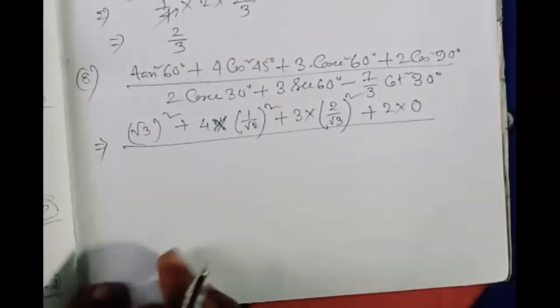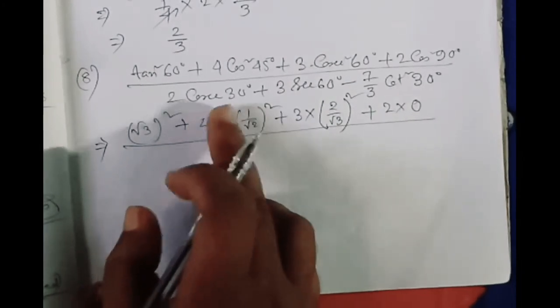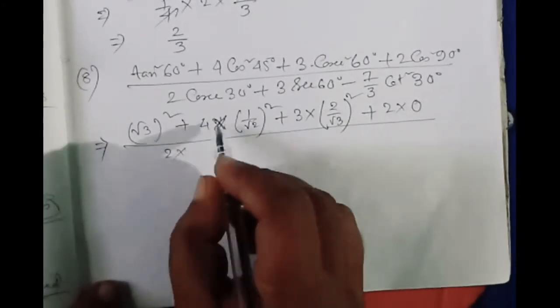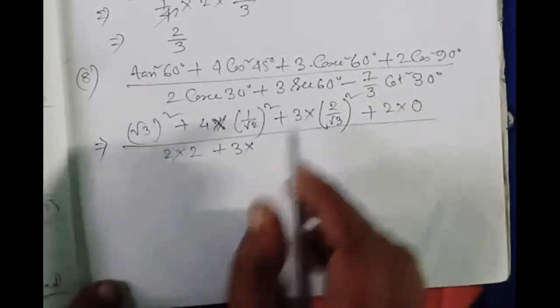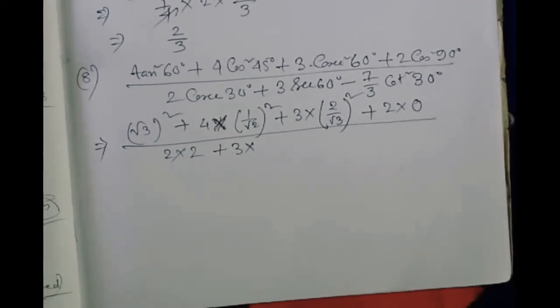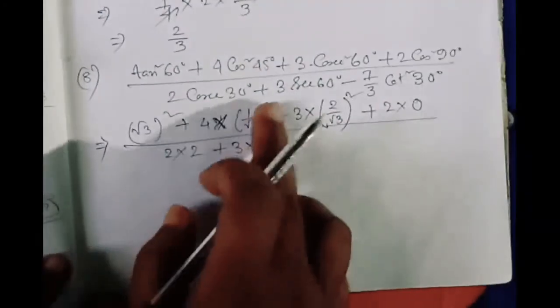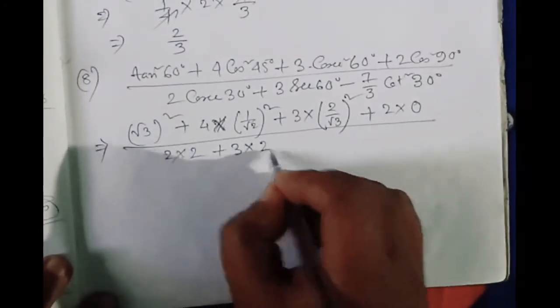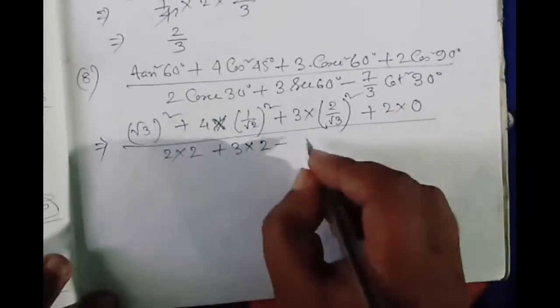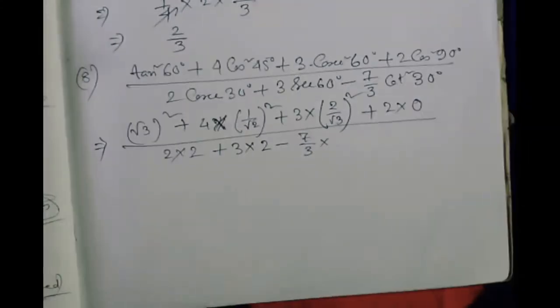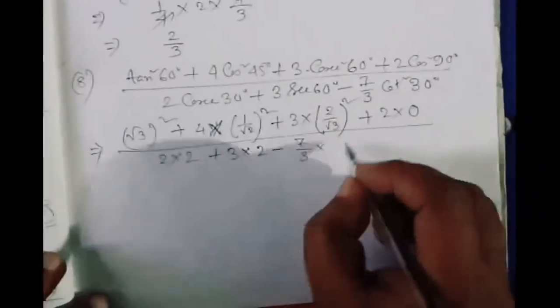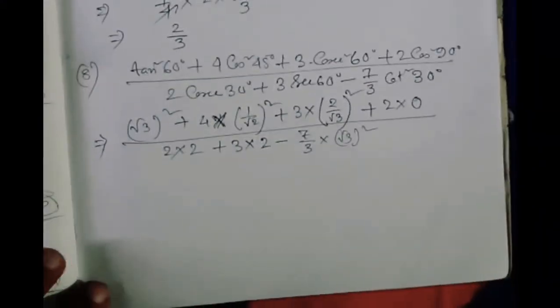Next, 2 cosec 30, sin 30 value is 1 by 2, so cosec 30 is 2, plus 3 into sec 60, cos 60 value is 1 by 2, so sec 60 is 2, minus 7 by 3 into cot 30. Now the value of tan 30 is 1 by root 3, so cot 30 value is root 3, and that is whole square.